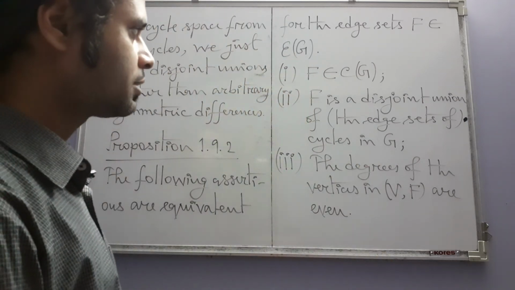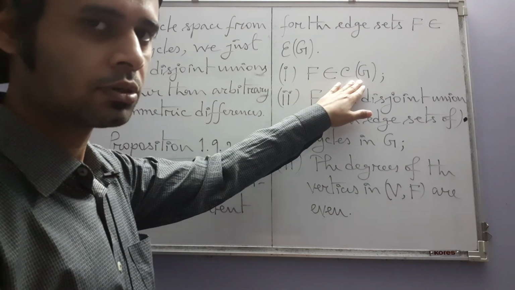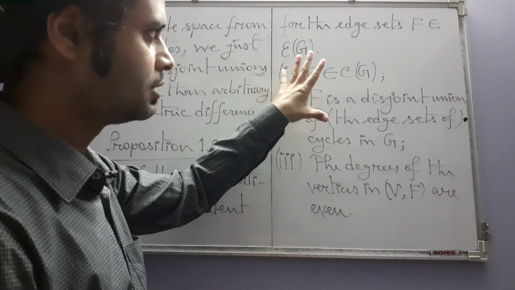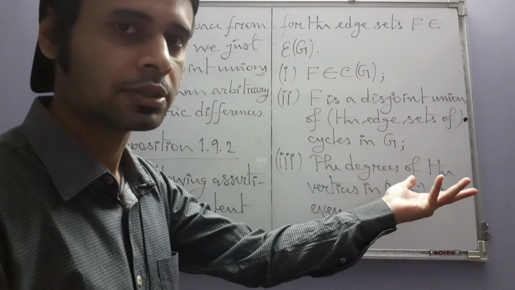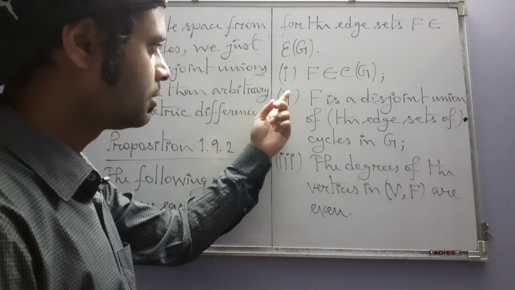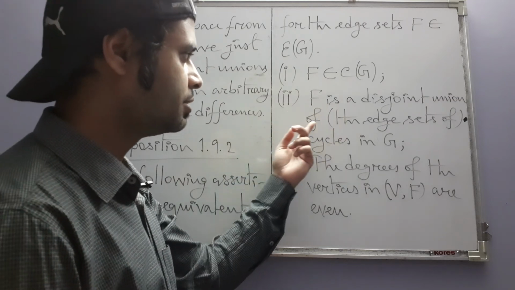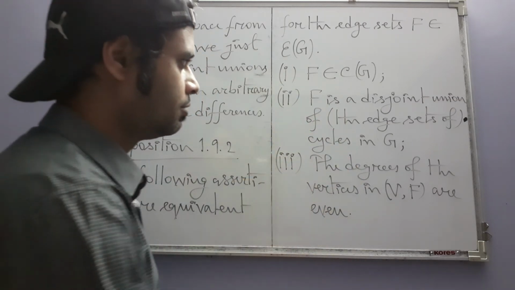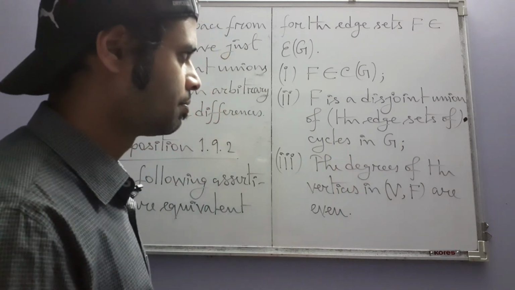Okay, so the first statement we of course understand that F is a set of edges which belongs to the cycle space of G. The second one says that F is a disjoint union of cycles in G, and you try to see what this actually means.